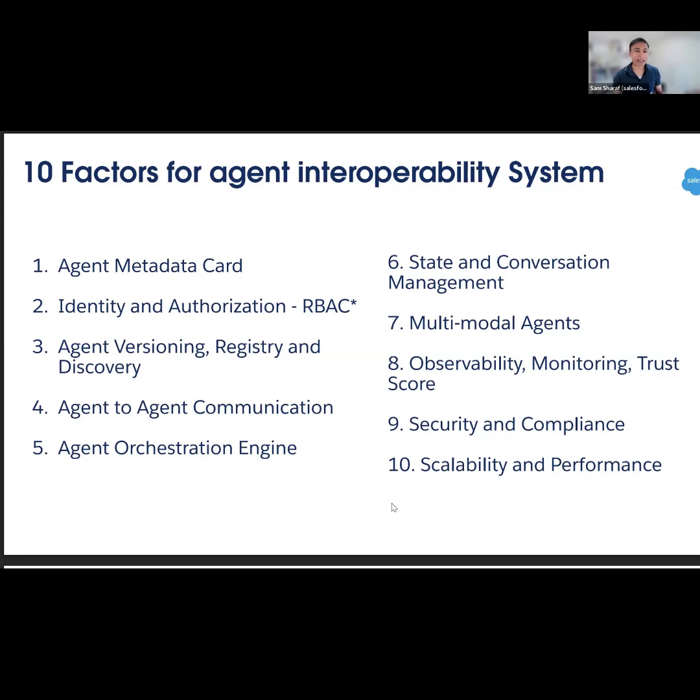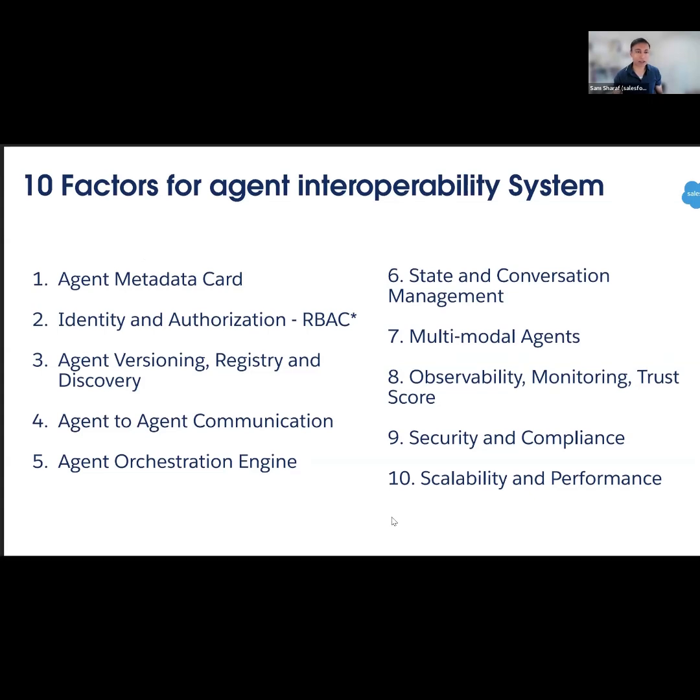So we need to take a step back and ask, what are the key principles of agent interop? One principle I introduced was called the agent metadata card, which is analogous to the LLM card. You go to Hugging Face or OpenAI and look at the model, and the model card describes, this is my context window, this is how to use it, and so on.